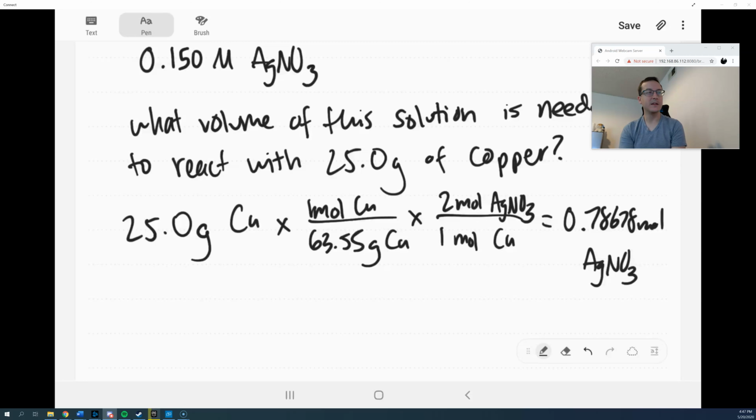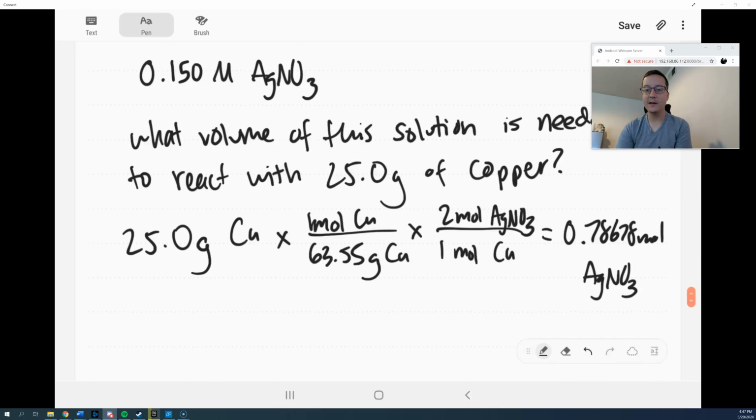Moles to volume, indeed. Find L. So we have this other number, the 0.15, that we haven't used yet. Remember this thing is moles per liter, right? And so, if we're trying to find liters, we could say that liters is moles over molarity.